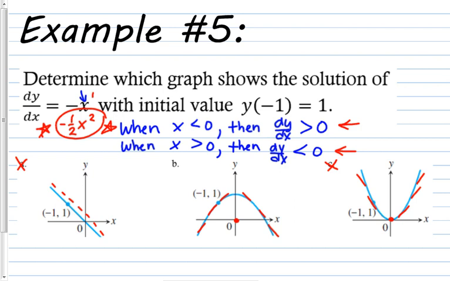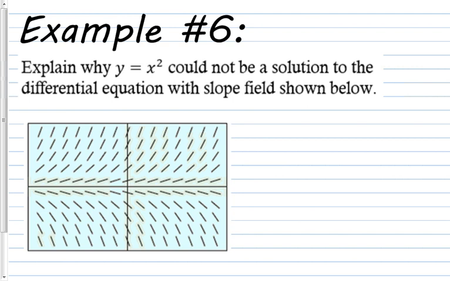Explain why y equals x squared could not be a solution to the differential equation with the slope field shown below. Okay, so kind of similar to before, but now I want to recall what this looks like. So y equals x squared is basically something like this. My drawing's not perfect.